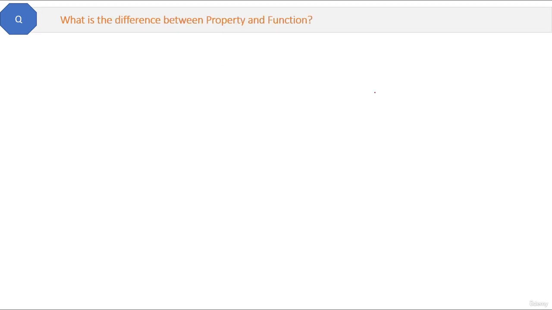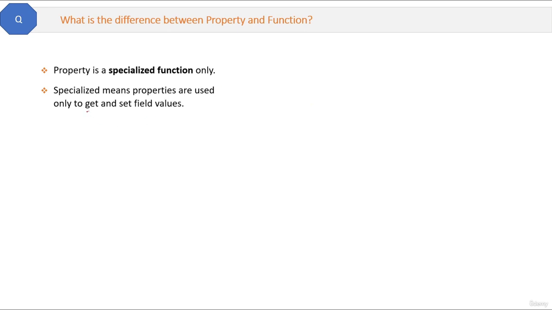What is the difference between property and function? This is the main question. And the answer is, property is a specialized function only. Specialized means properties are used only to get and set field values. Property will not do anything else. Syntax is slightly different, but internally property and functions are the same. Now, if you want the proof of this, then see this code.